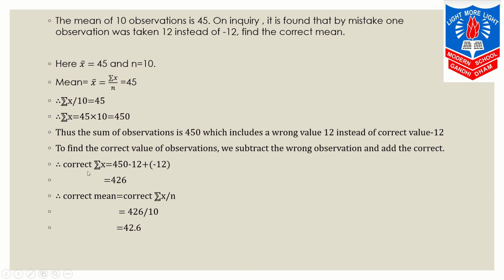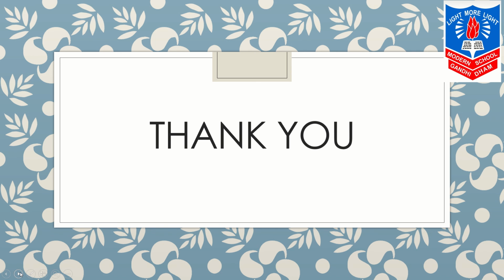So, correct sigma x equals 450 minus 12 plus -12. हाँ, हम plus करेंगे जो सही वाला है, minus करेंगे जो गलत वाला है. So I'll get 426. Now correct mean equals correct sigma x upon n. 426 divided by 10 equals 42.6 students.